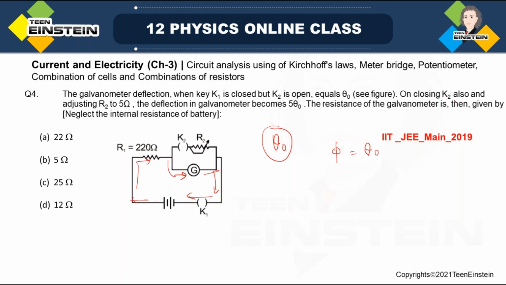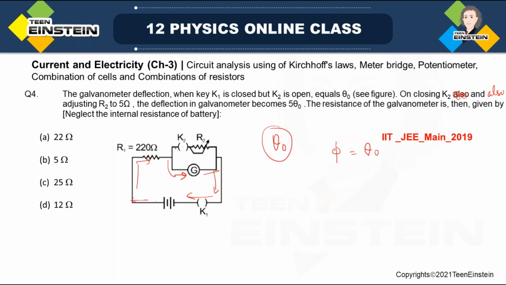On closing K2 also, and also adjusting R2, this R2 is adjusted to 5.